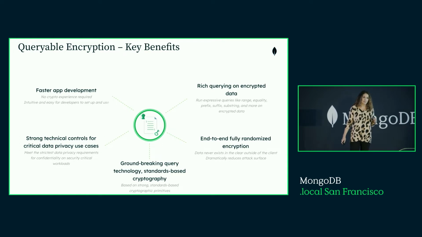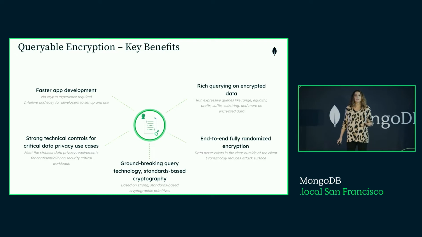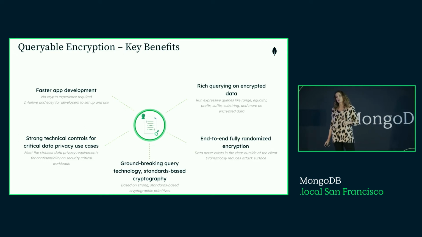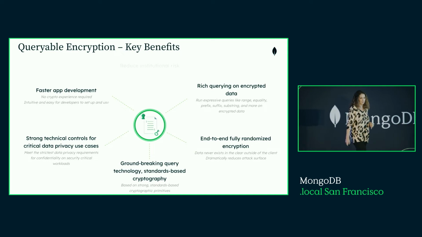We have spent the last 18 months building it, making it intuitive for developers to use, again, by doing that translation. Also, like I mentioned earlier, you don't have to figure out how to implement your own encryption. This is a fully baked encryption solution. You configure it, it will do that encryption for you, and we have key management and key rotation all built in, which I'll talk about in the last slides.